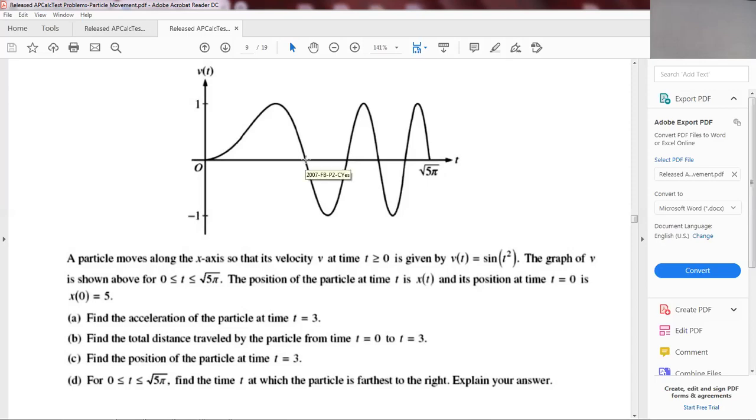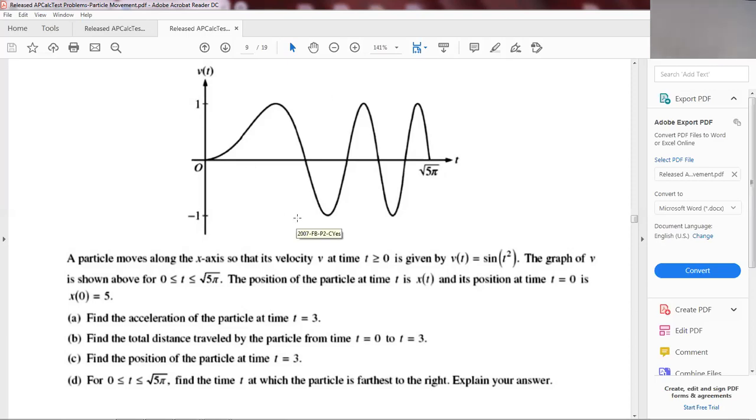Once the particle stops, it begins to move to the left, right? The acceleration is negative, then 0, changes sign, and then begins to stop the particle, and then begins to move the particle to the right. You see, it's a periodic movement, back and forth. Everybody catch that? It's very important you learn to read these graphs because it gives you understanding of what you have to answer. Okay.